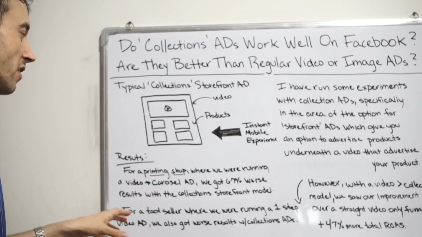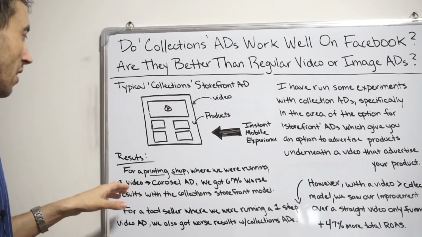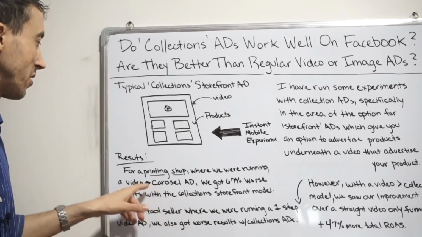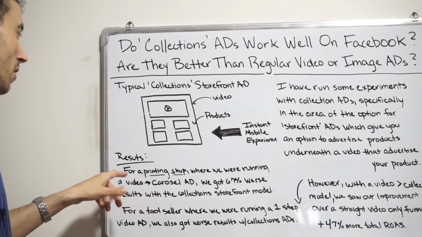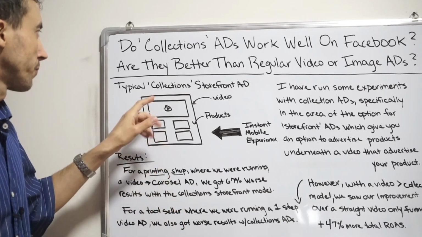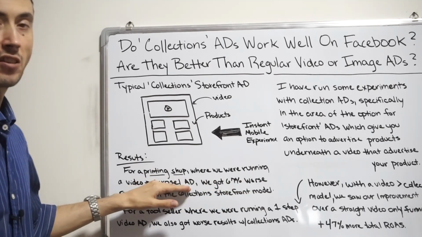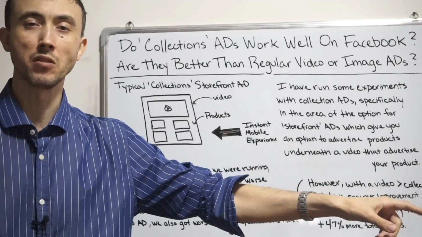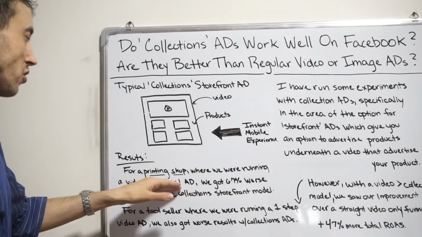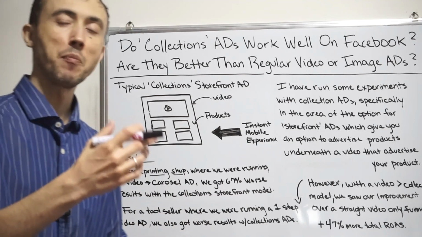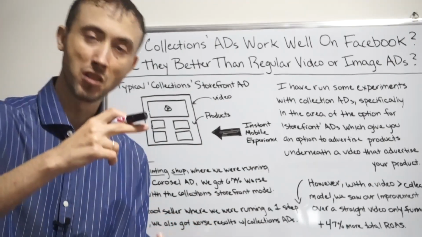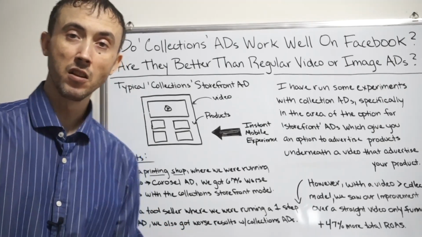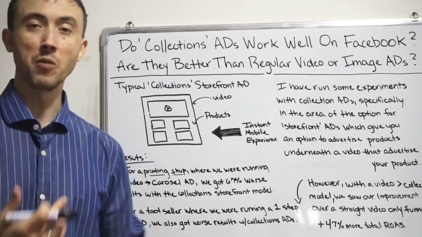The next obvious thing to test is a funnel where we have a video ad and then a carousel ad, and instead of having the carousel ad show up after, we have the video ad and then a collections ad replace the carousel ad, or the second step that we had before if we had a two-step sales process already, because the carousel ad has potential to beat the second step if it's just another video, or just another image ad, or just a carousel ad. That testing itself we haven't got into.